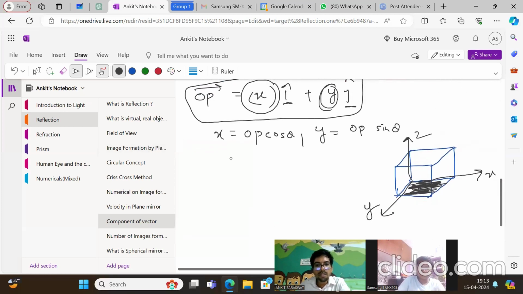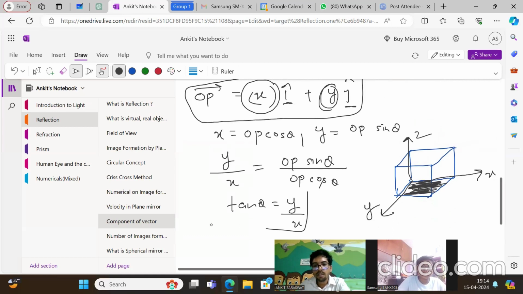If I calculated y by x, then what will you get? What is y? OP sin theta, and x is OP cos theta. Then tan theta is what? y by x. Now what is the meaning of this theta?